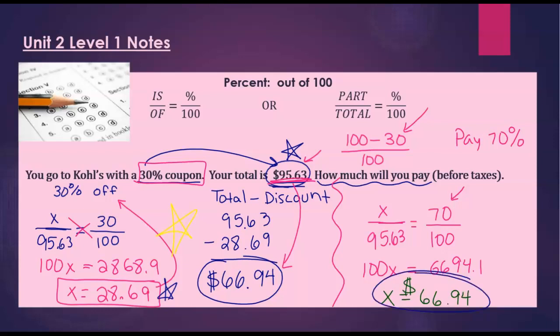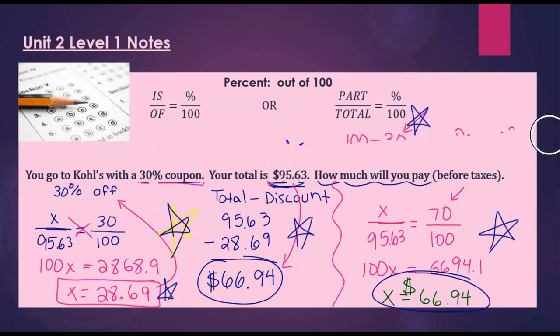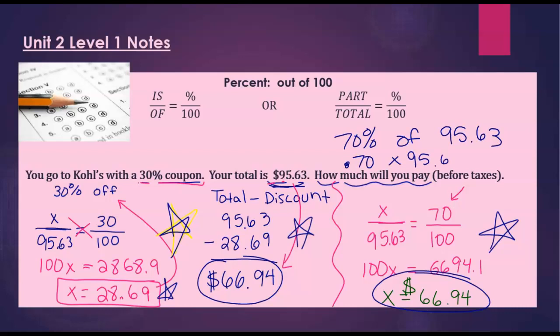So in the end, it was still a two-step process. We either found the percent off first and then subtracted it from the total, or we subtracted the percents first and then found that percent out of the total. All right, so good luck with your homework. And the shortcut way, I have to show this too. 70% of $95.63: remember, you can do 0.70 times $95.63, and that gives you your answer here.